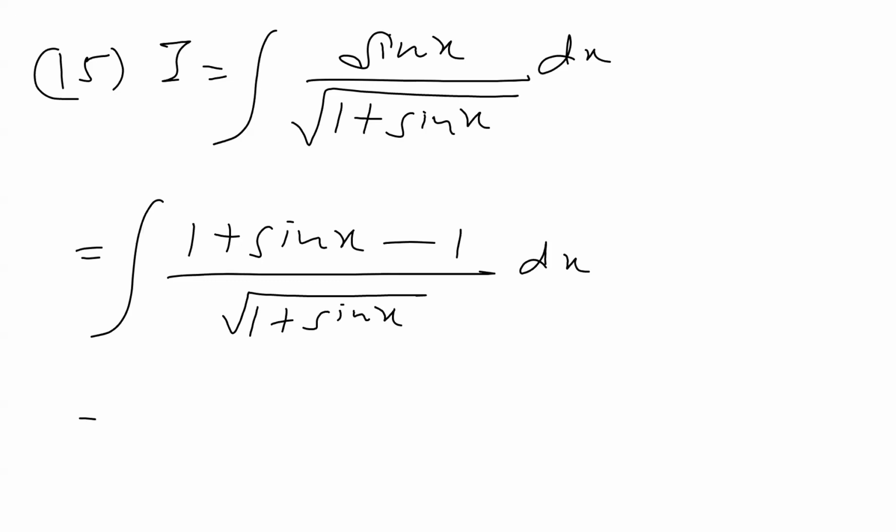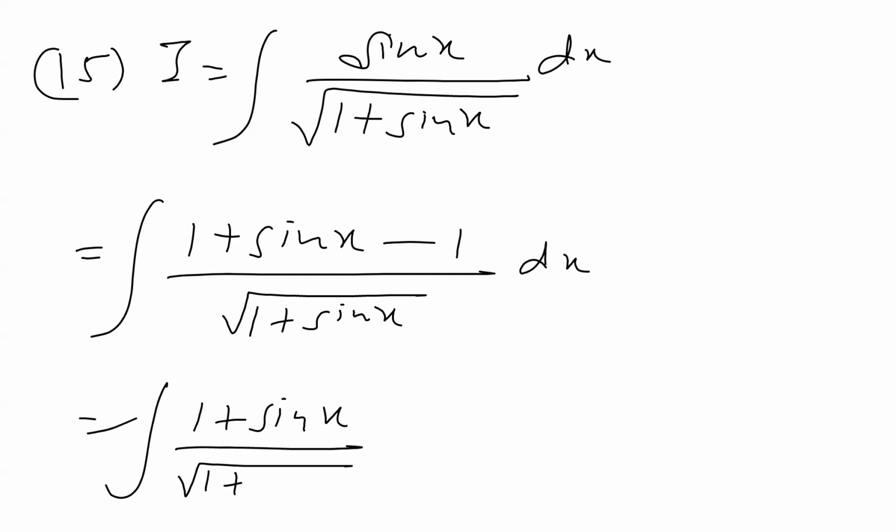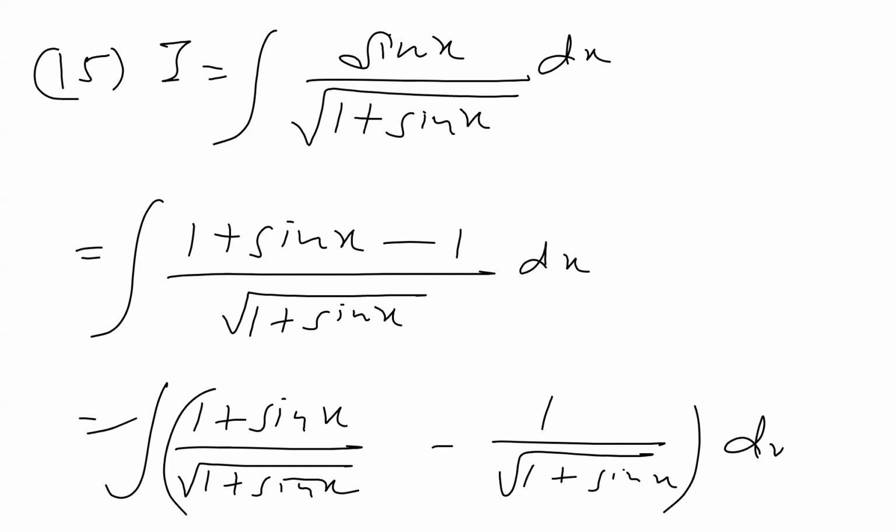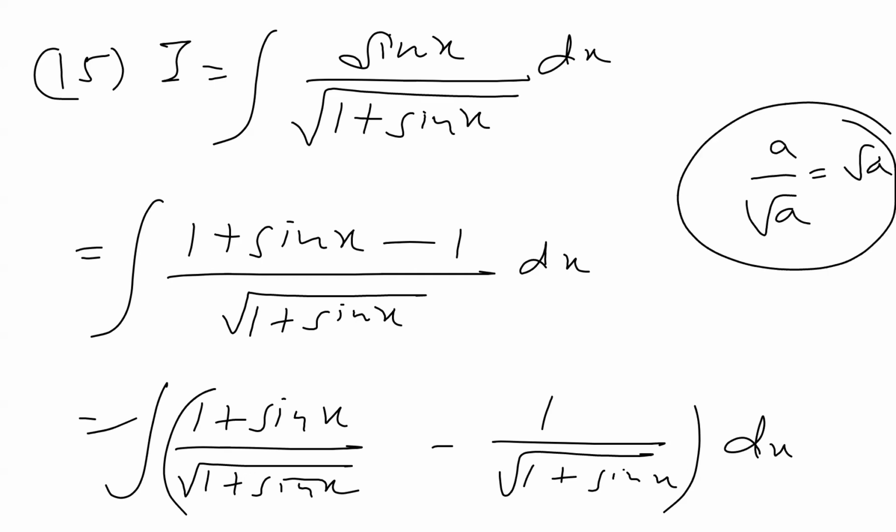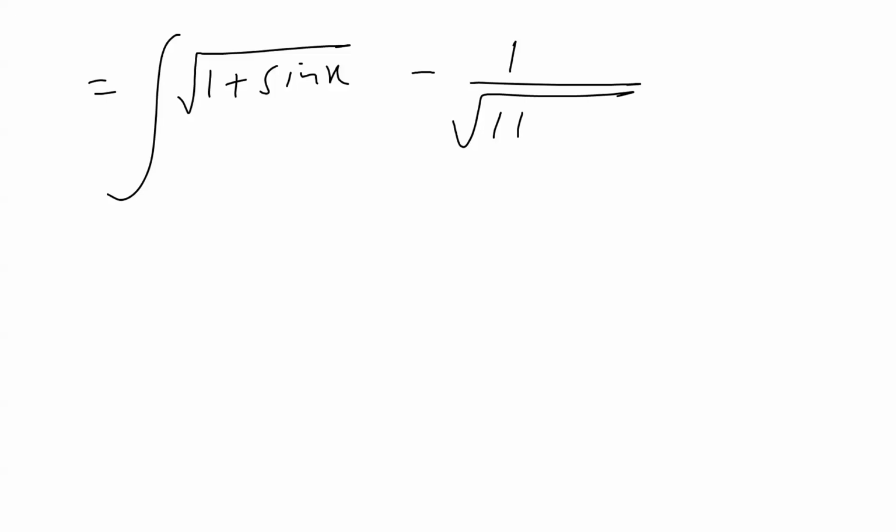Now we'll split and solve. 1 plus sin x upon root 1 plus sin x minus 1 upon root 1 plus sin x. Now a upon root a is root a. So this is going to be root 1 plus sin x minus 1 upon root 1 plus sin x dx.